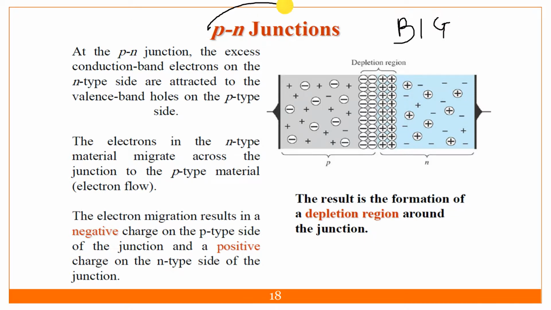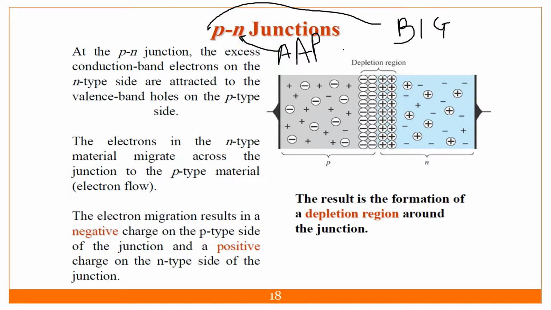And if I add arsenic, antimony, and phosphorus to the pure silicon or germanium, the resultant material is the N type material.